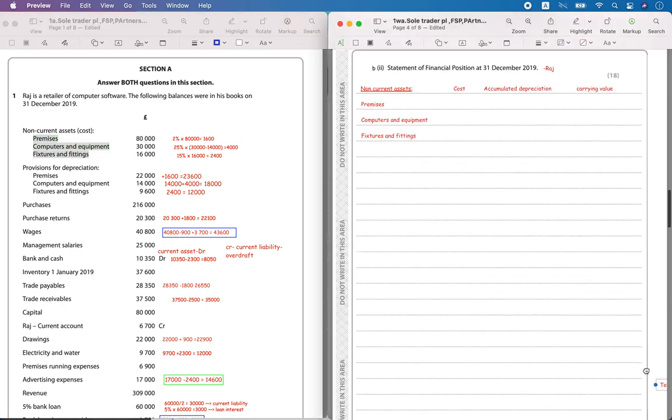Let's put the cost for premises. The total cost of all the premises is around 80,000 pounds. Then we have the computer and equipment costing around 30,000 pounds. And then we have the fixtures and fittings at around 16,000 pounds.